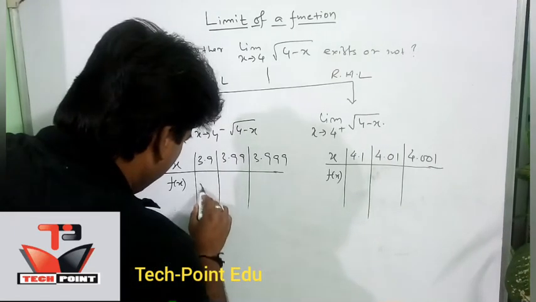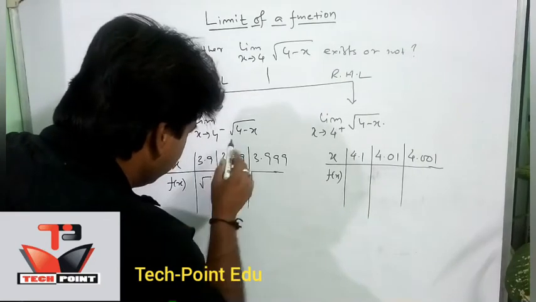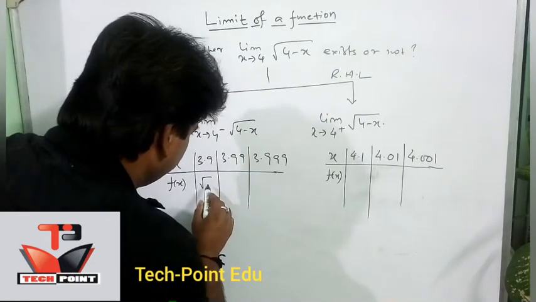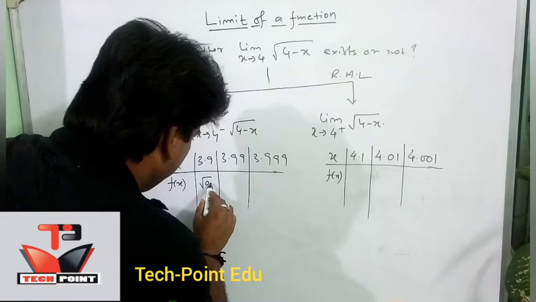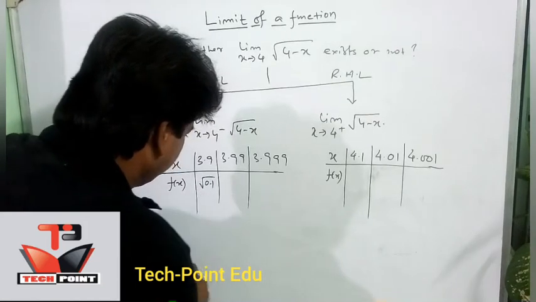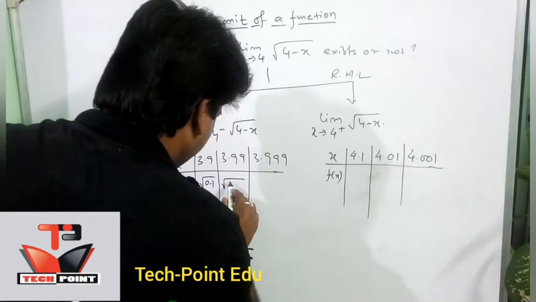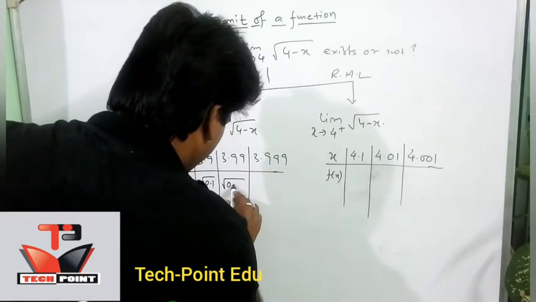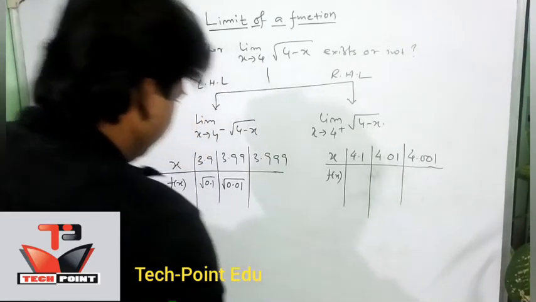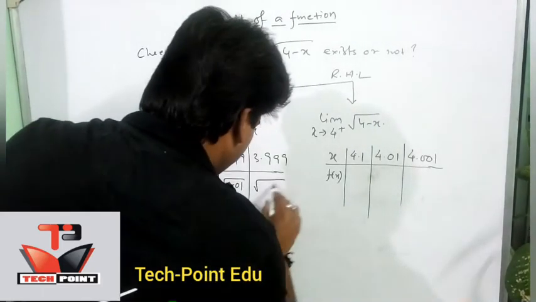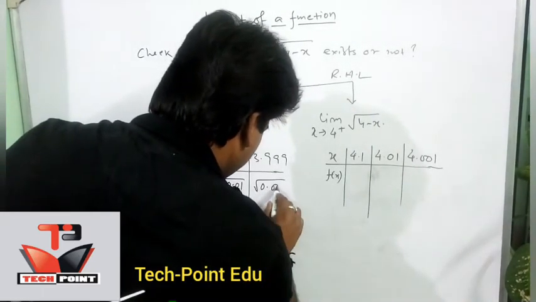This will be root under 0.1. This will be root under 0.01. This will be root under 0.001.